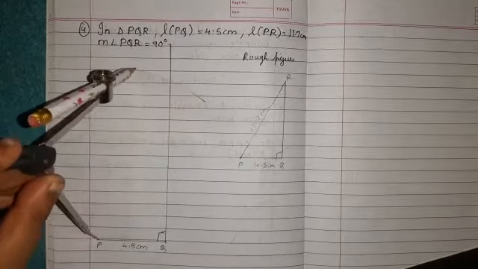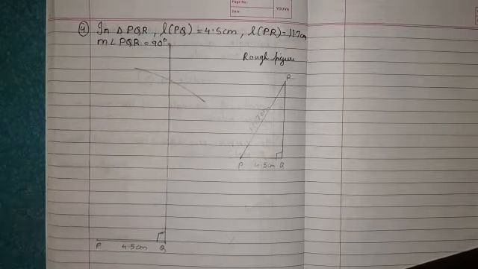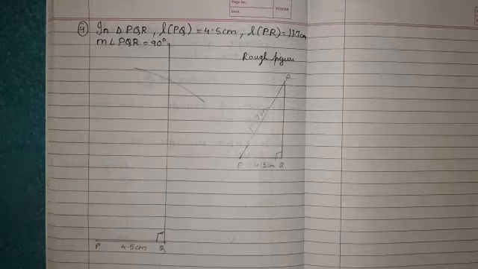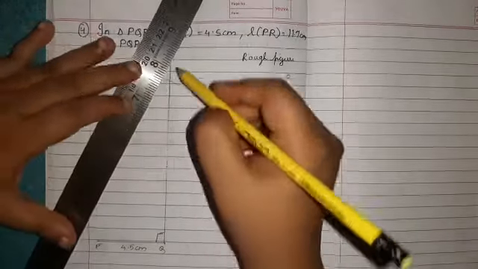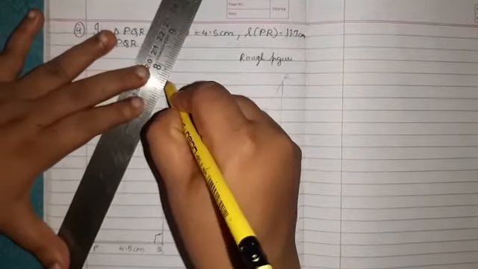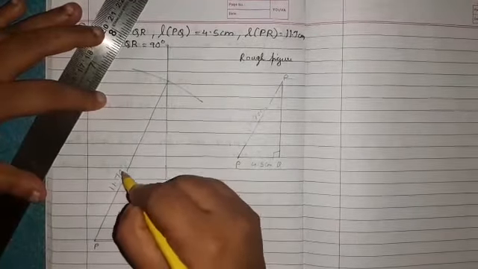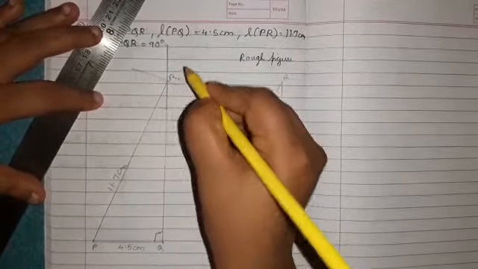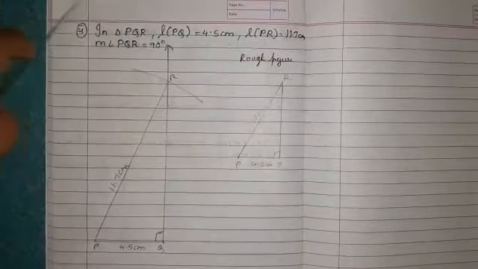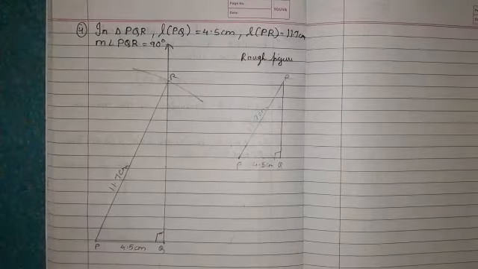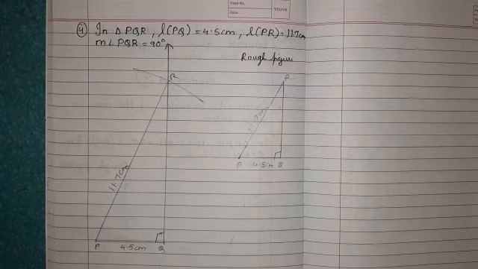Okay, so here I have drawn an arc. So this distance, whatever we are going to join now, that will be 11.7. So here we have 11.7 centimeter PR. So we have got a triangle PQR, which is a right angle triangle.